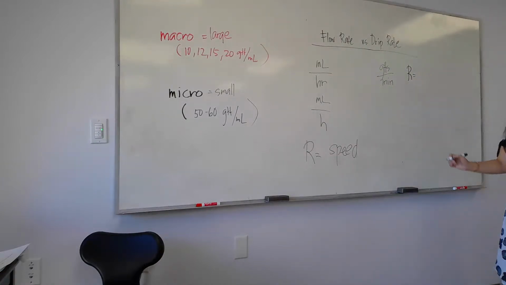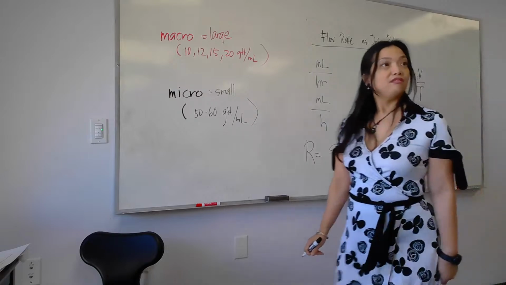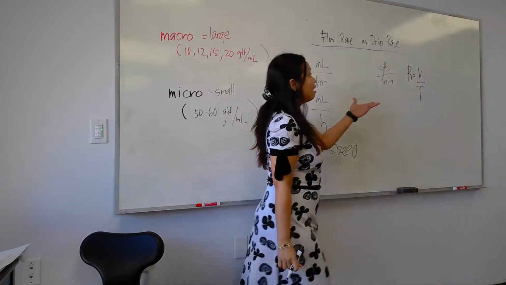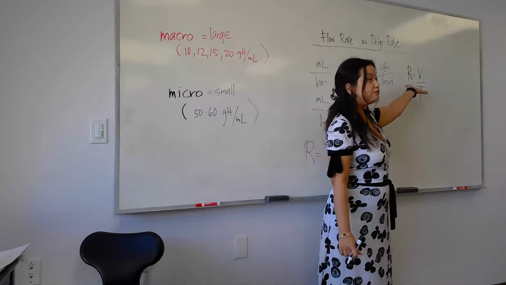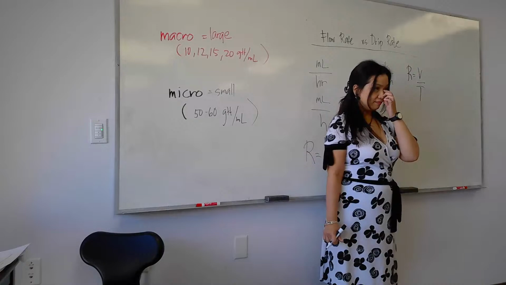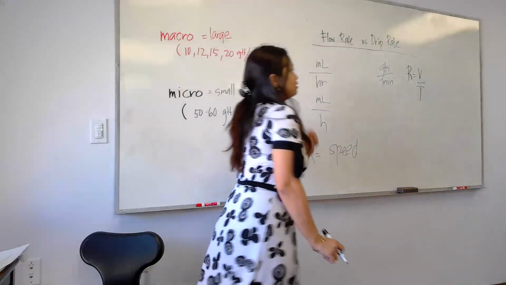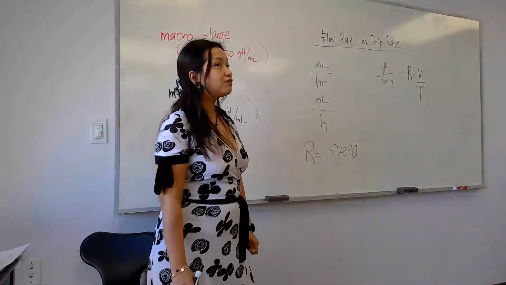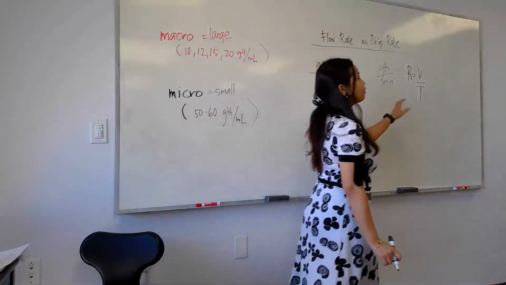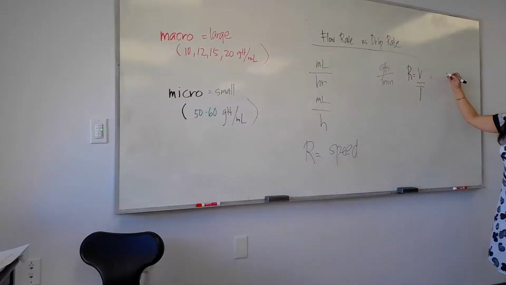The simple formula is V over T. Volume over time. R means rate, V means volume, and T means time. The formula is R equals V over T. This formula, though, is usually for flow rate, which means your final answer will be ml per hour.